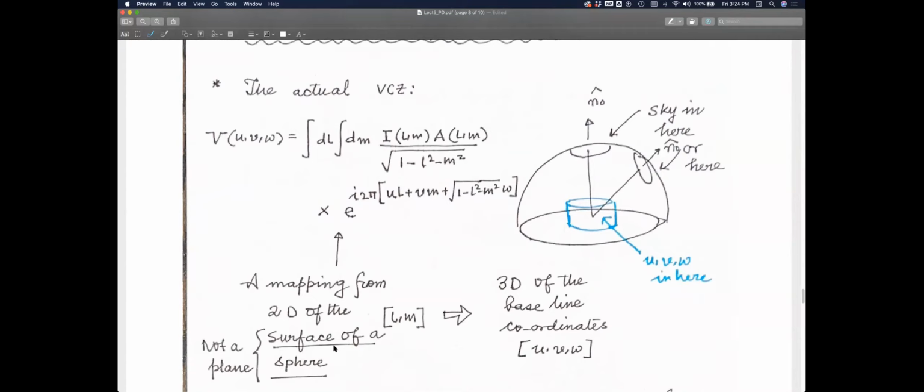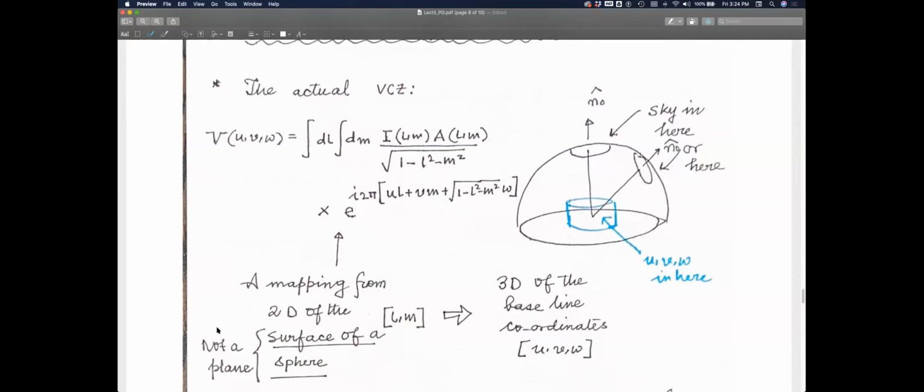This function is a function of two variables, l and m. And the VCZ theorem is mapping it to a function which is visibility, a function of now three variables, u, v, and w. And these three variables in our choice are in a Cartesian grid, right? So this is a completely non-trivial mapping.